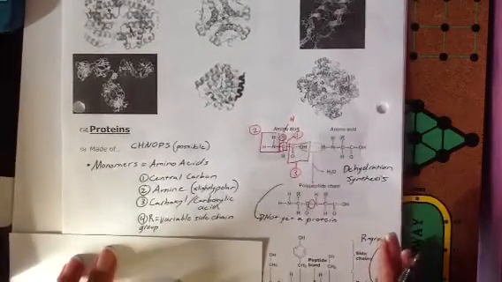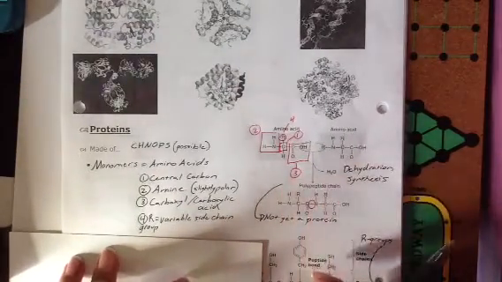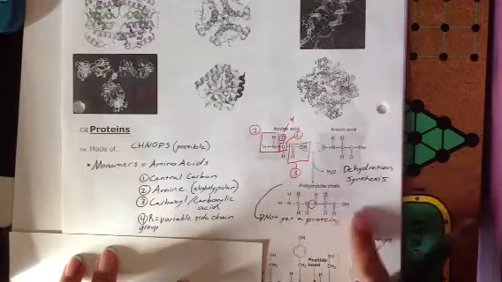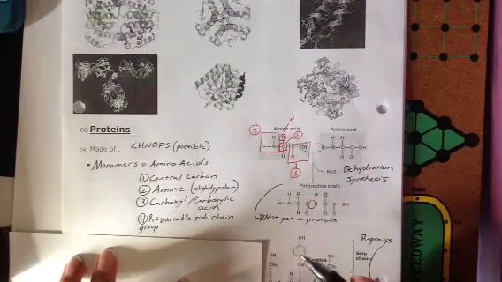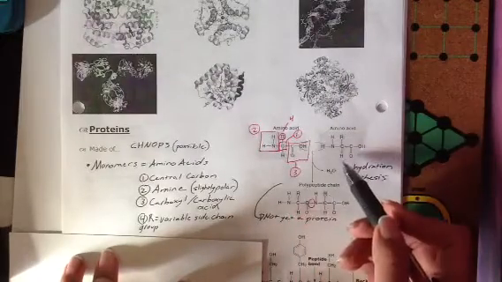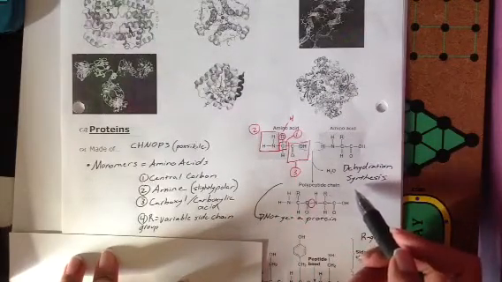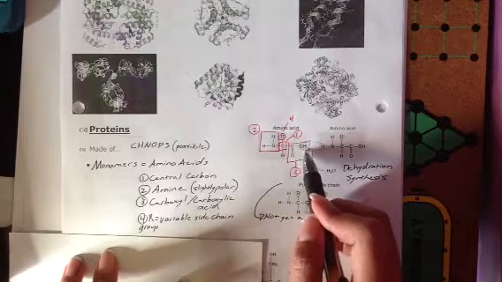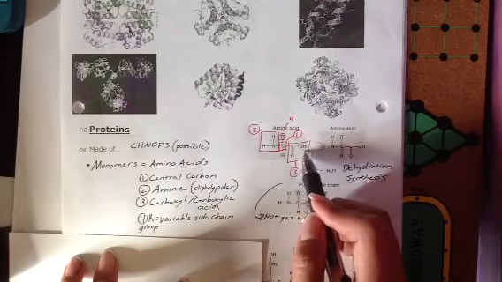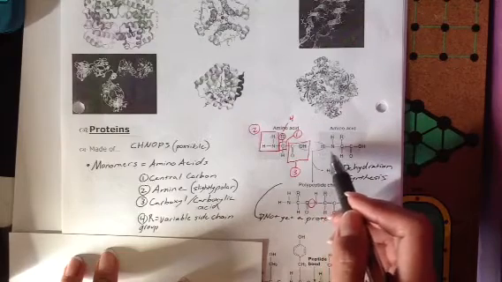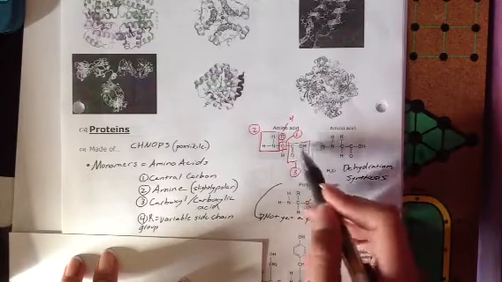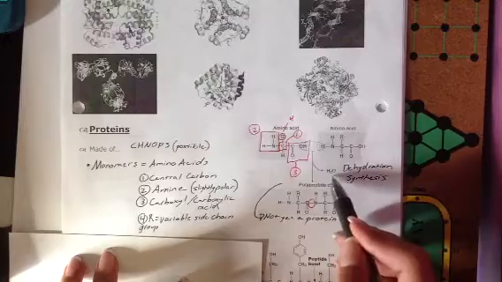What we want to look at is how these can join together. So very, very basic, just like our other 3 macromolecules. 2 amino acids can join together by dehydration synthesis. Basically, the hydroxyl group right here, the OH group, and the hydrogen on this side will join together to form water.